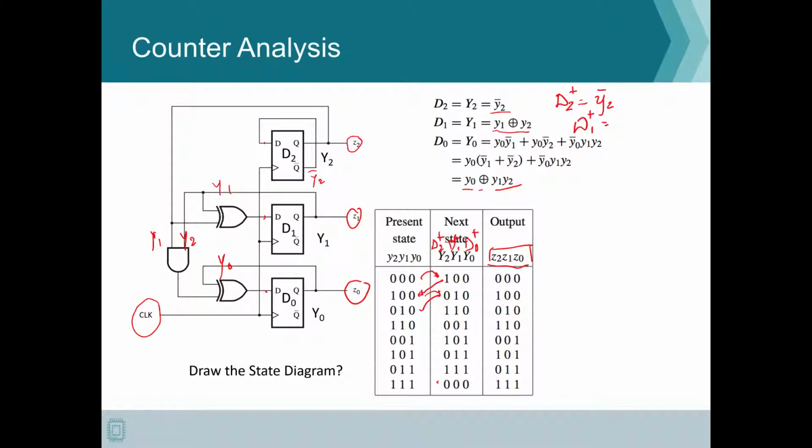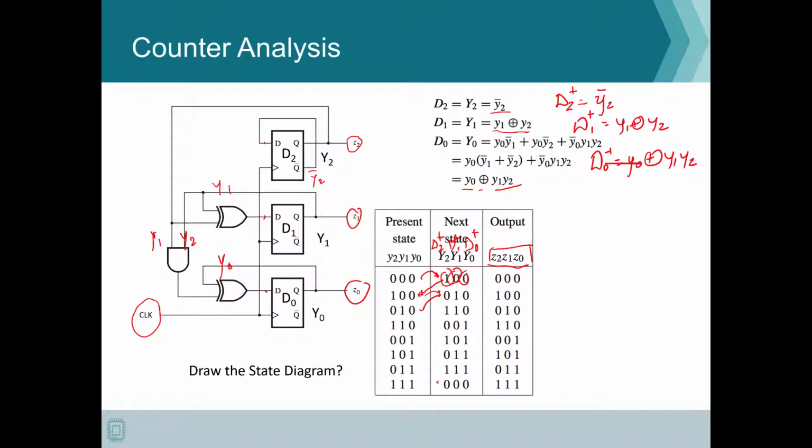D1 plus is Y1 XOR Y2, and D0 plus is Y0 XOR Y1 AND Y2. When we substitute zeros, Y2 bar becomes 1, 0 XOR 0 becomes 0, and Y0 XOR the AND of Y1 and Y2 is also 0. So we get 1, 0, 0. The next state becomes 1, 0, 0.